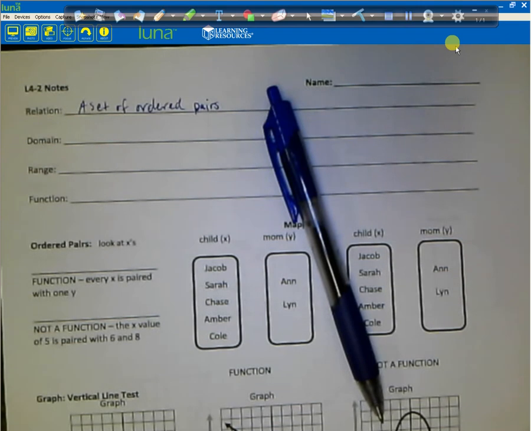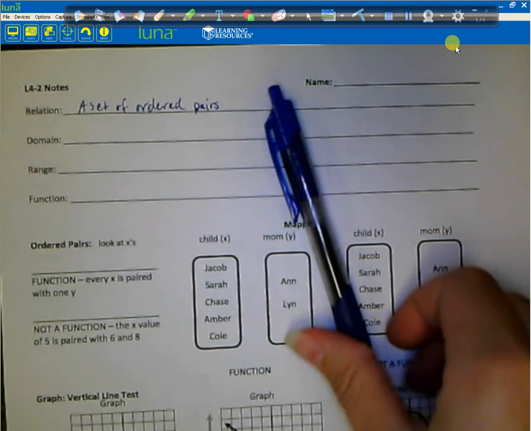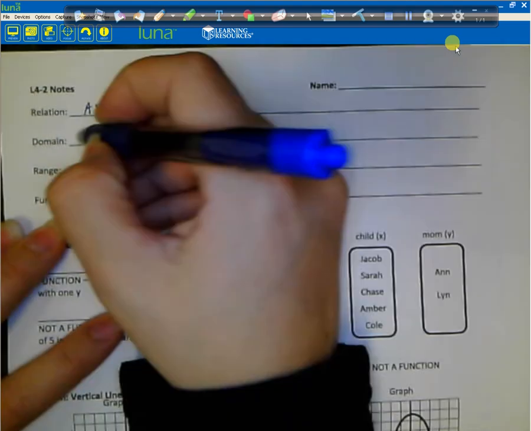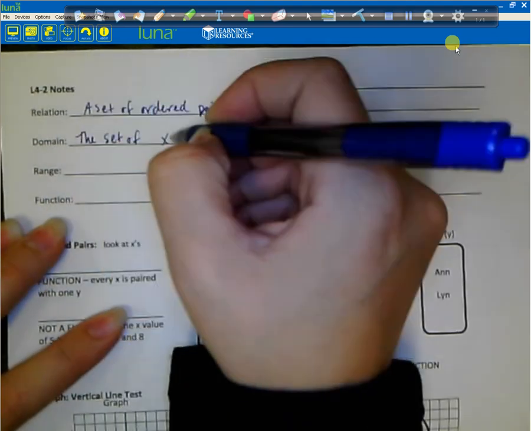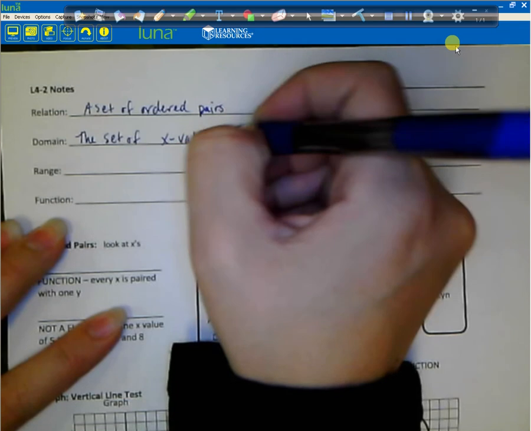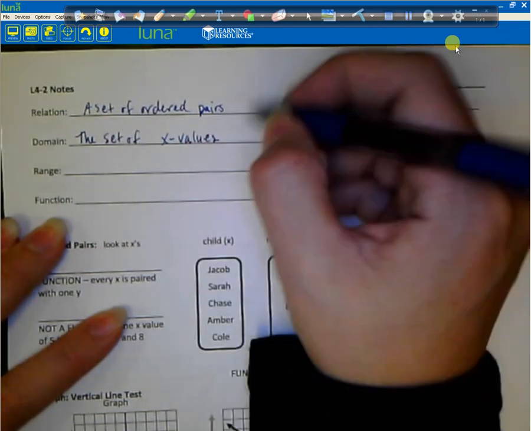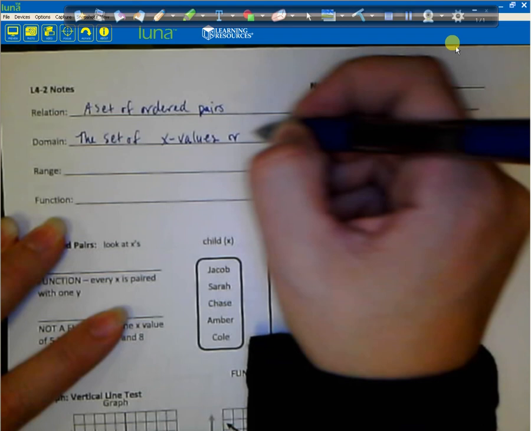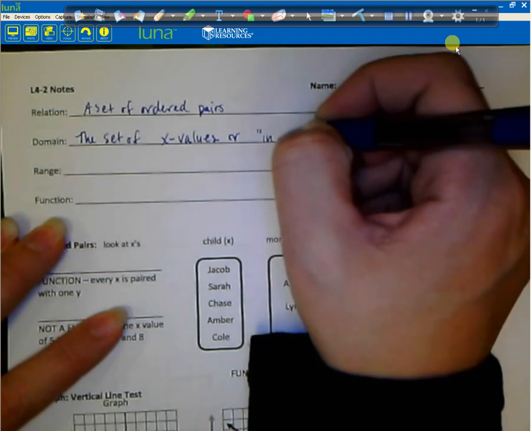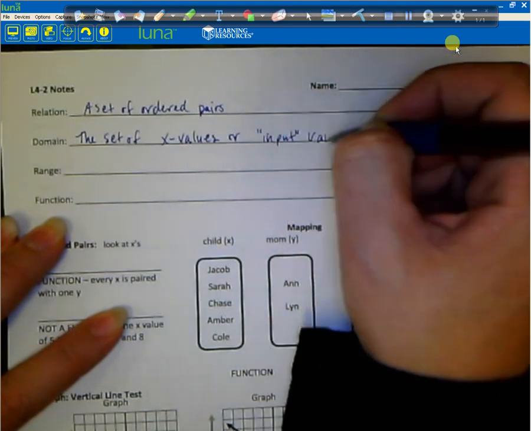Domain is the set of x values, or input values.